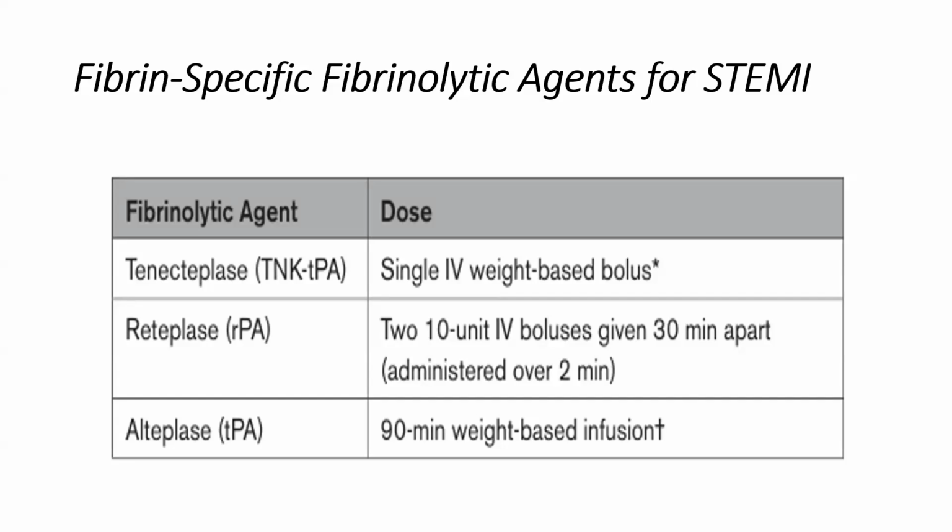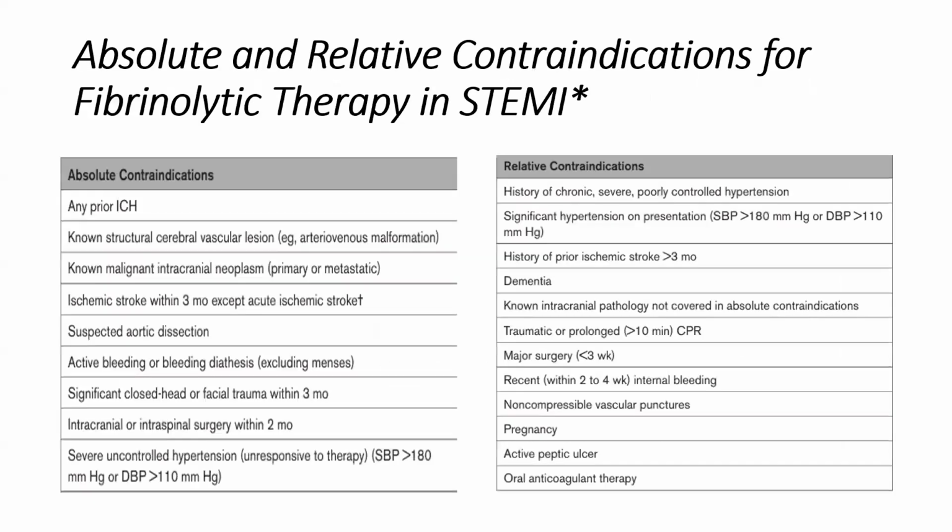That means if you give 10 units now, you have to wait for 30 minutes and then give the next dose. For alteplase, the total dose is 100 mg. 15 mg is a bolus, then 50 mg you give over 1 hour, and then 35 mg over the remaining time.